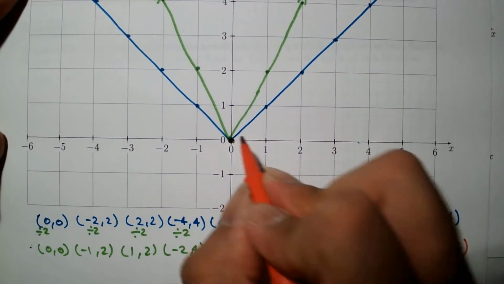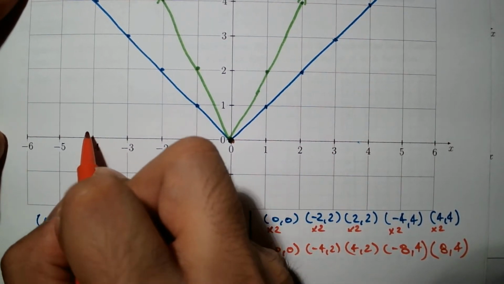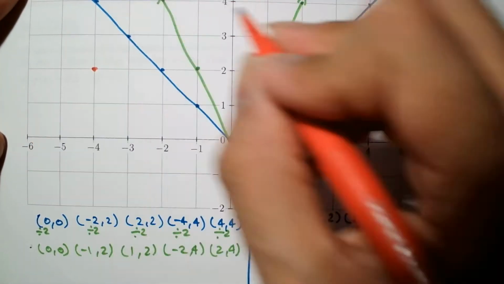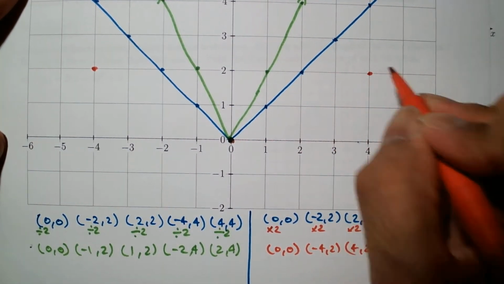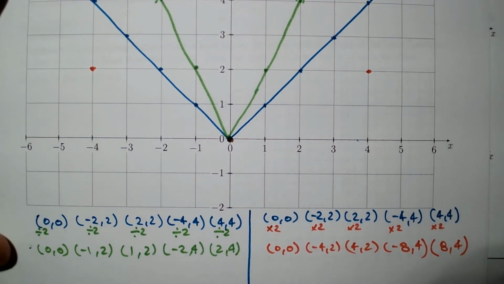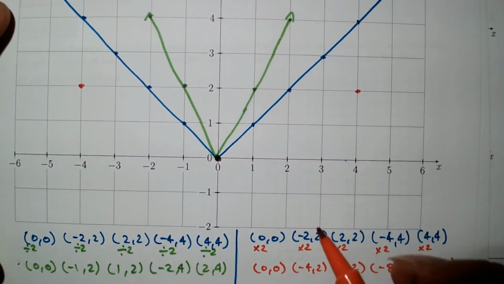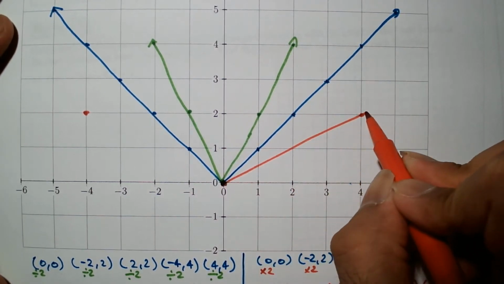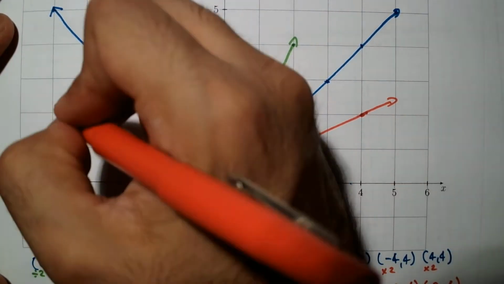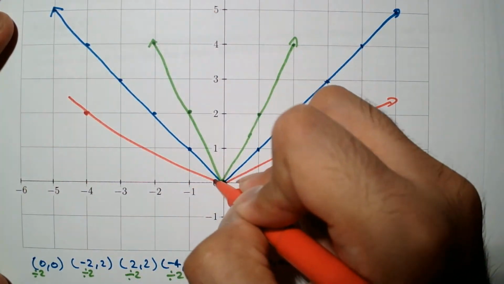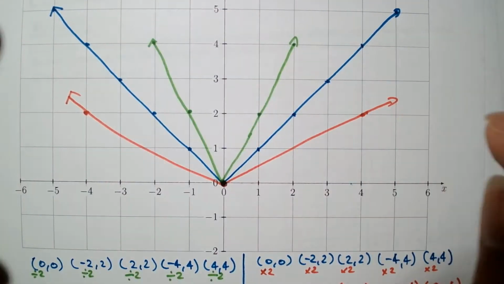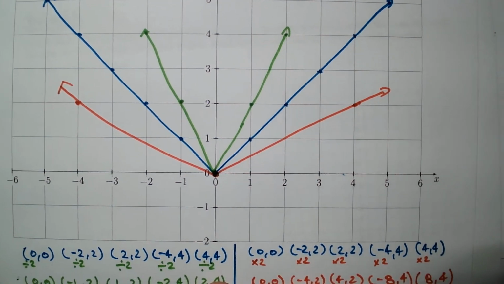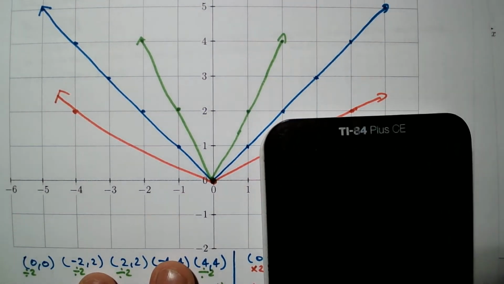So the origin, of course, and then negative 4 comma 2, and then 4 comma 2. I wish I had enough space here to show you the rest, but there's not enough space. And notice how this graph got stretched horizontally.